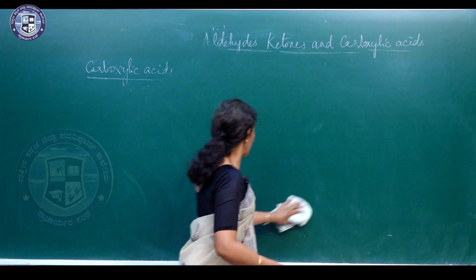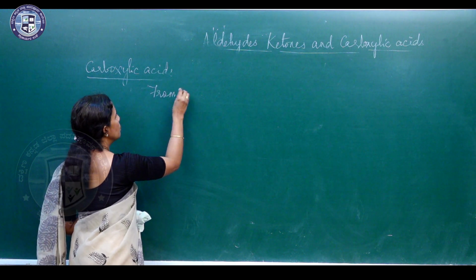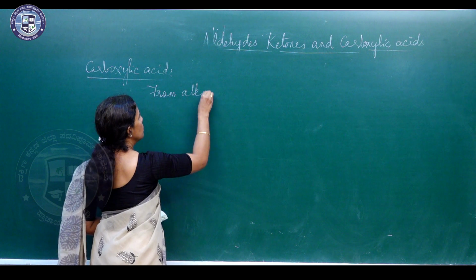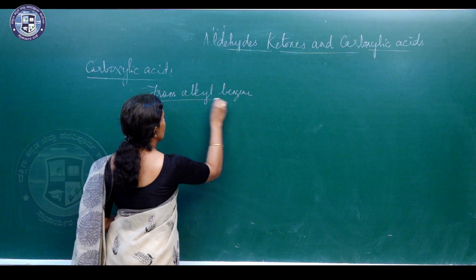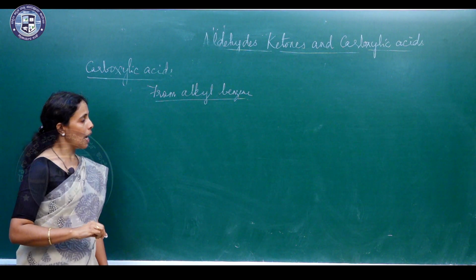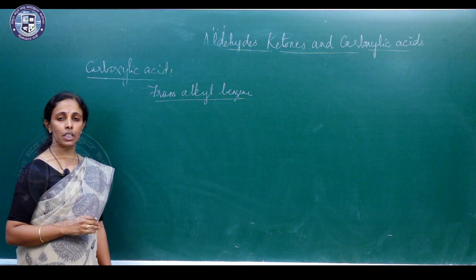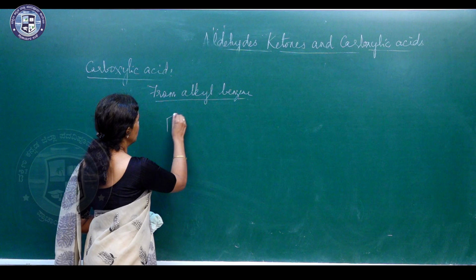It is from alkyl benzene. Aromatic carboxylic acids can be obtained from alkyl benzenes by subjecting them to vigorous oxidation. What are alkyl benzenes?